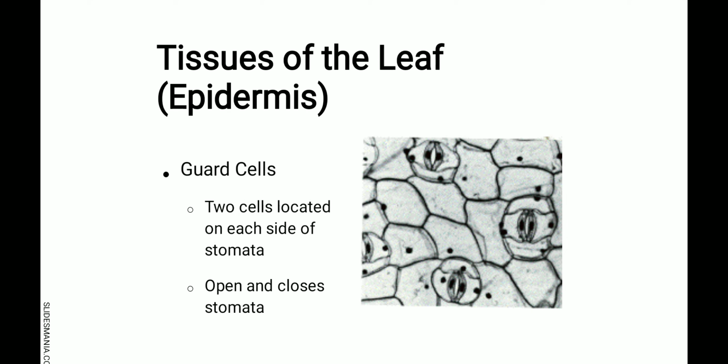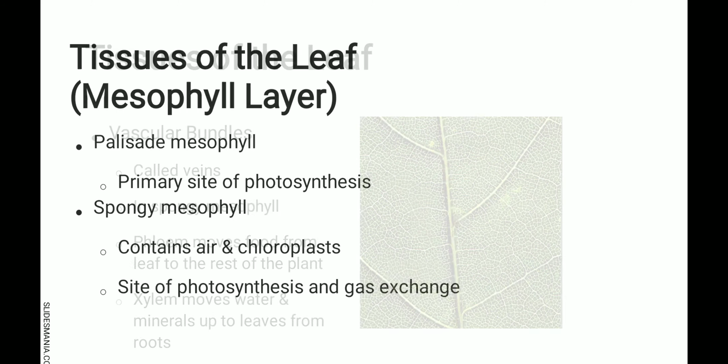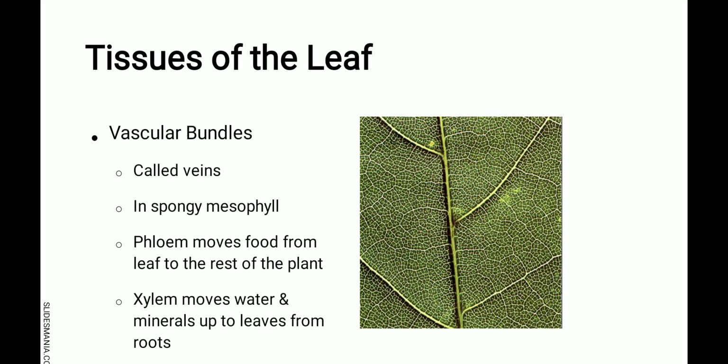Then we have guard cells, which open and close the stomata. And then, at the middle side, we have the mesophyll layer. We have the palisade layer at the top and the spongy parenchyma at the bottom. Okay, so palisade mesophyll is the primary site of photosynthesis, while spongy mesophyll contains air and chloroplast, and this is the site of photosynthesis and gas exchange.